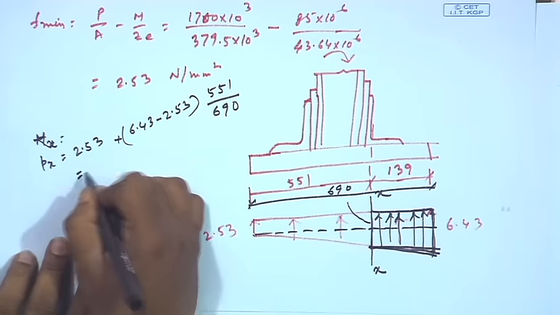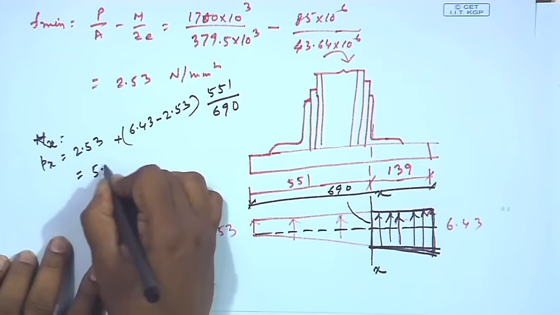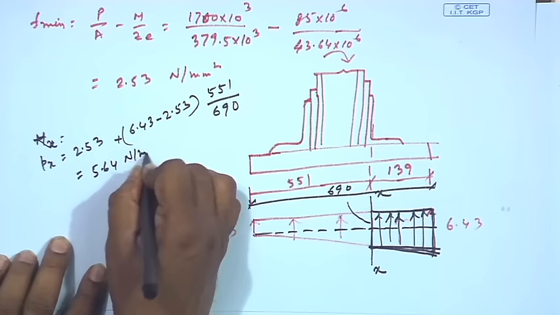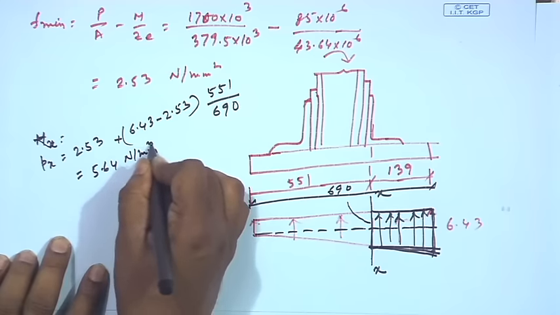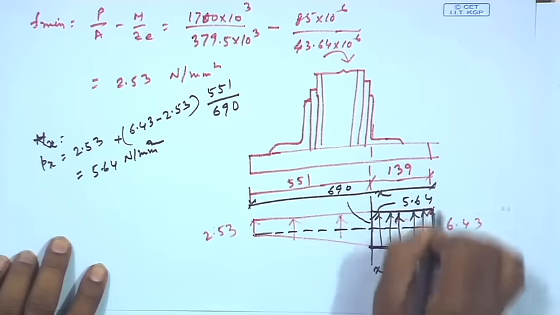So, from this I can find out the pressure at critical section x x as 5.64.